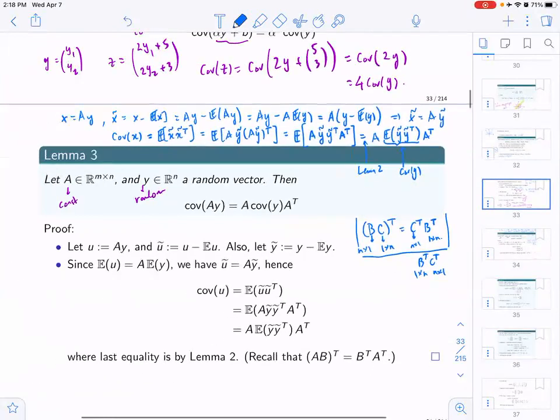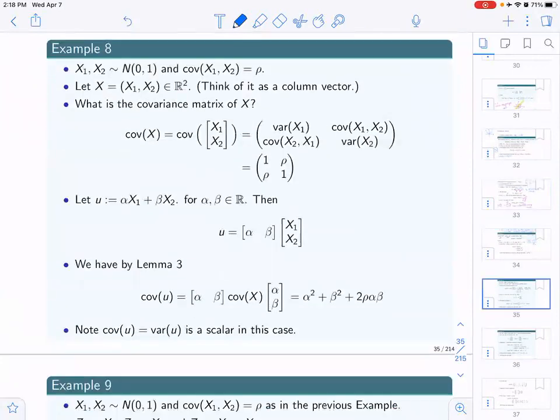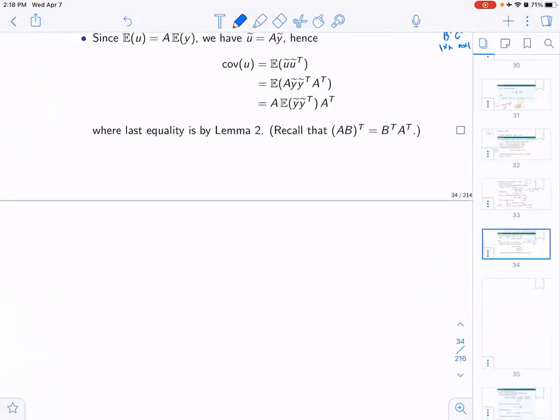Okay, good. So now let me do this. Suppose I have a vector x, which is x1, x2, x3, and I'm going to tell you that the covariance of x is 1, 0, 0, 1, 1/2, and then 1/4, 1/4, 1/4, 1/4.